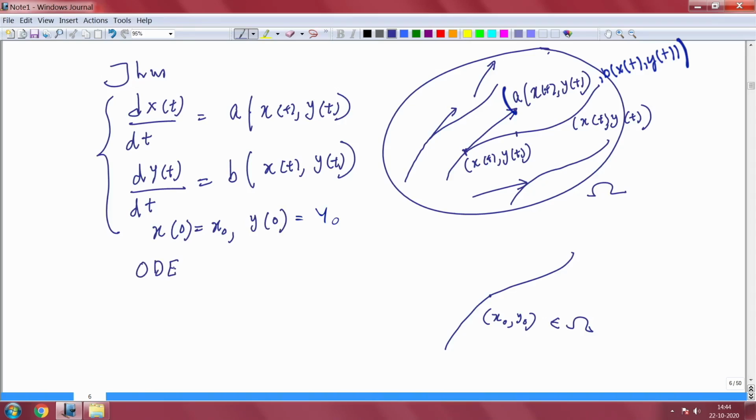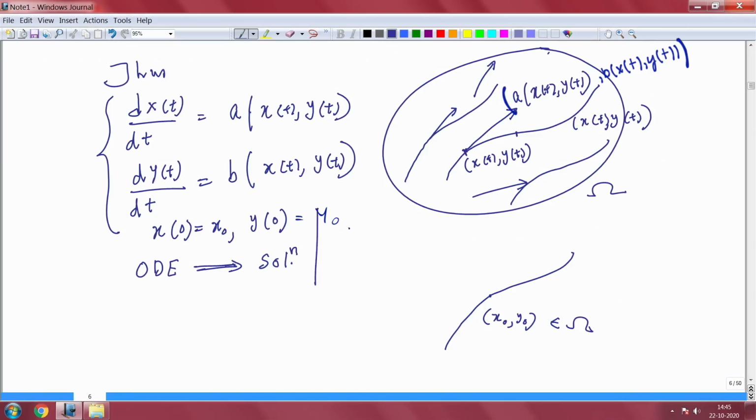The basic ODE theory will give conditions on a and b so that there is a local solution. Let me not get into that. You learn in ODE systems what the conditions on a and b are so that a local solution exists. That means every point of your domain omega has a curve, so you can fill up your region, and these are called the characteristic curves.